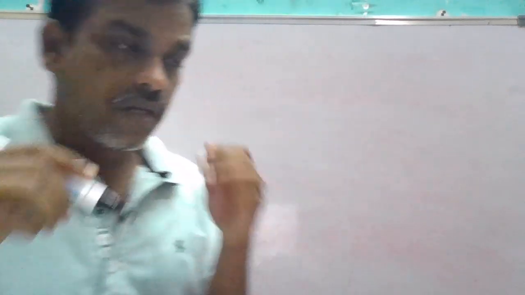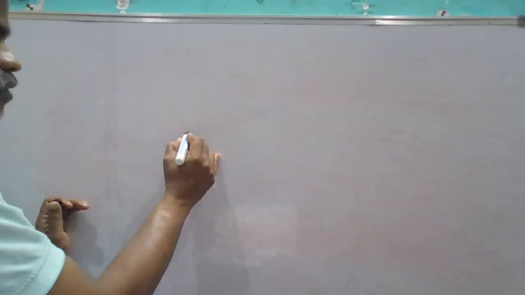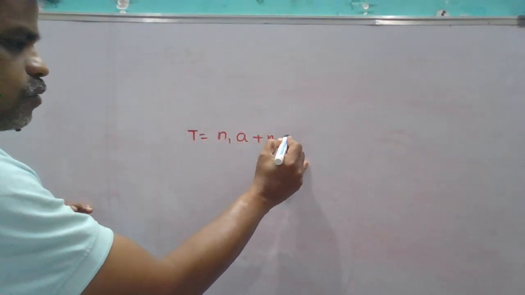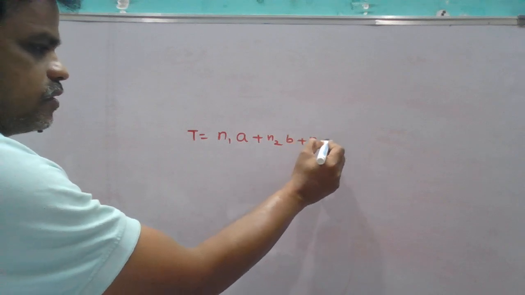How does it extend in three dimensions? It depends on the crystal translation vector. We can write T equal to n1a plus n2b plus n3c.